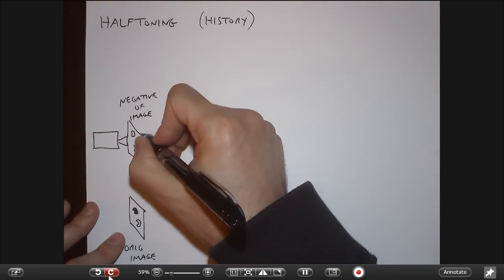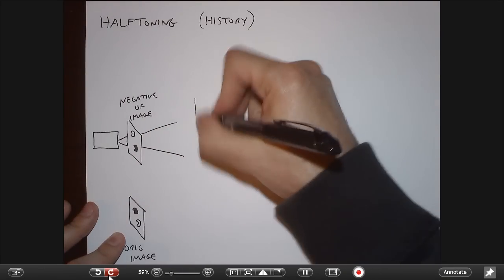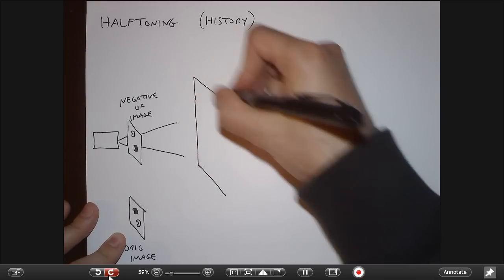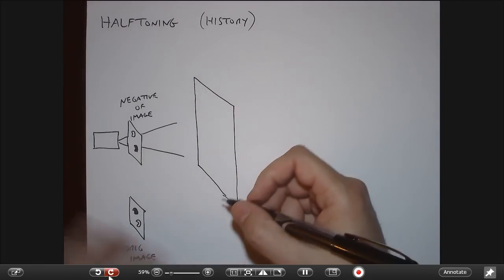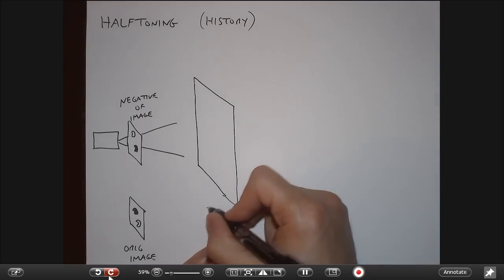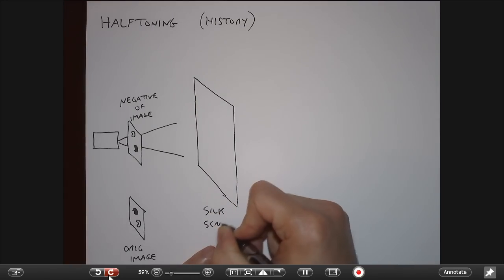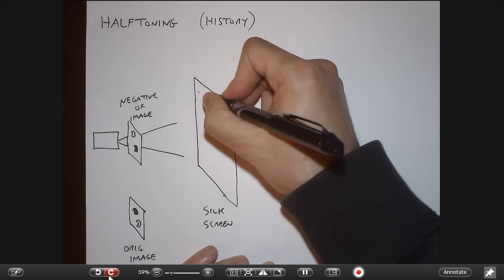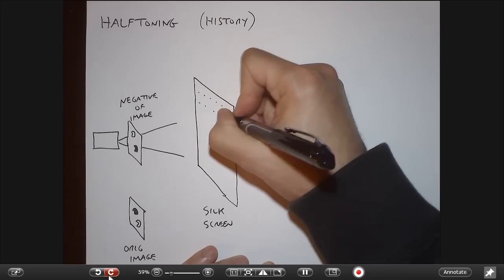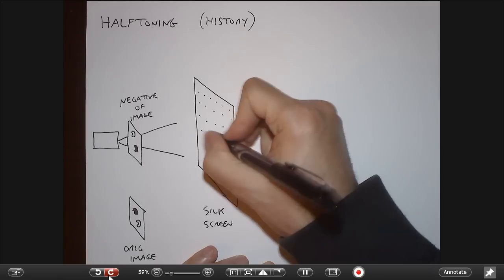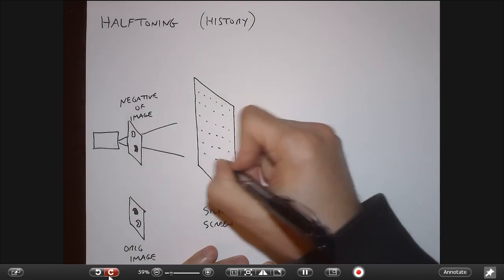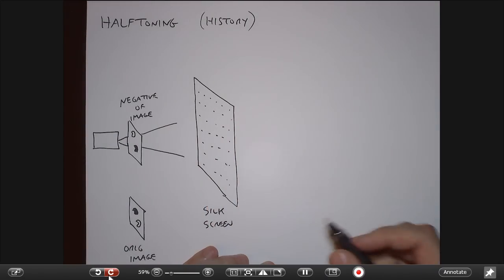Then I send that through a perforated screen. So the idea is that I have kind of a big silk screen, and inside the silk screen is a whole bunch of tiny dots. You can kind of think of these as like pinhole projections almost.